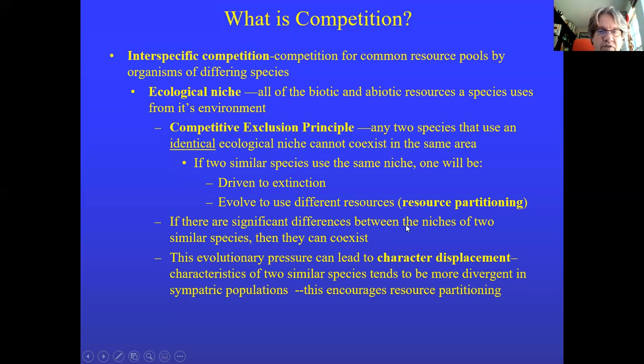If there are significant differences between the niches of two similar species, they can coexist, makes sense, right? And there's an evolutionary pressure here, right? So if two organisms are competing for the same resources, there is a pressure for them to diverge and become different species, right? This helps cause speciation, like we talked about last term. It's called character displacement. These characteristics of the two similar species will tend to diverge in sympatric populations, which means that these are populations that all exist in the same area, right?